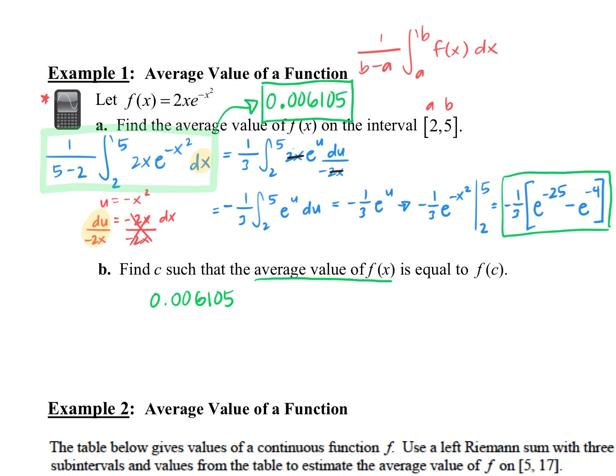And now we're trying to find, well, what c value do I need to plug in to this function to equal our average value? So I'm looking at, well, when does this equal 2x e to the negative x squared? I'm trying to figure out when are those things going to be equal. We're given a y value, we're trying to find the x or the c value.